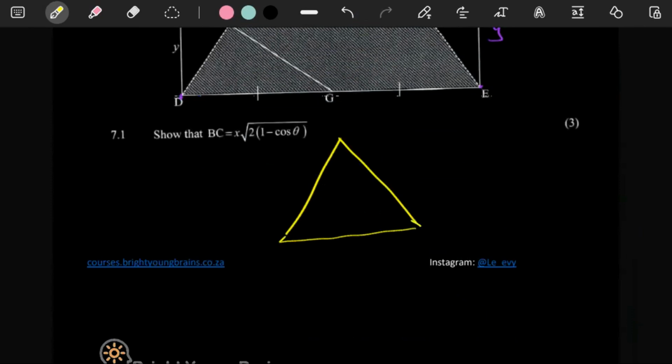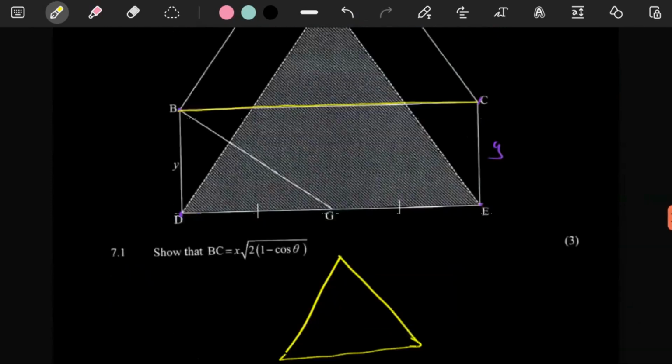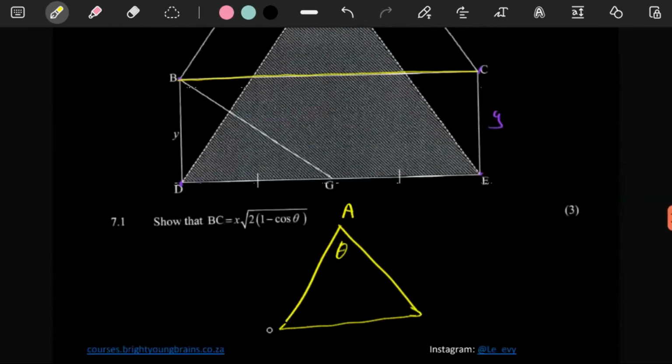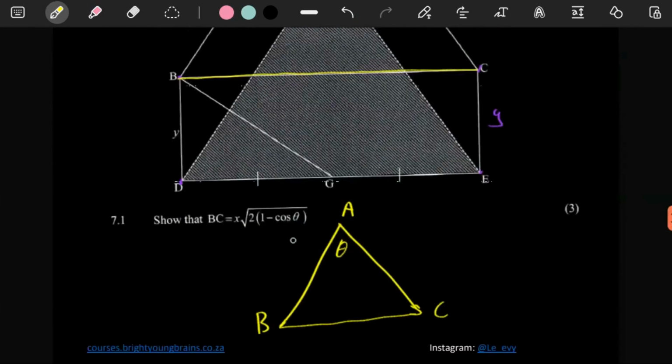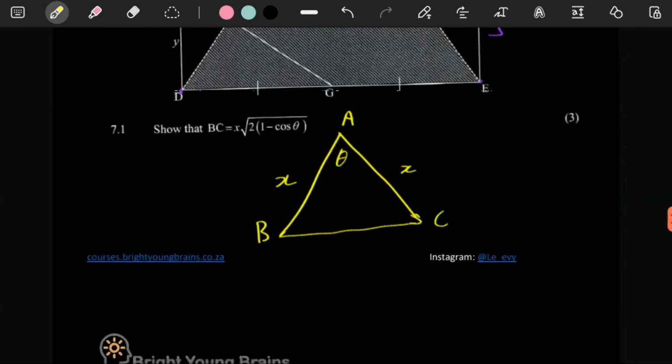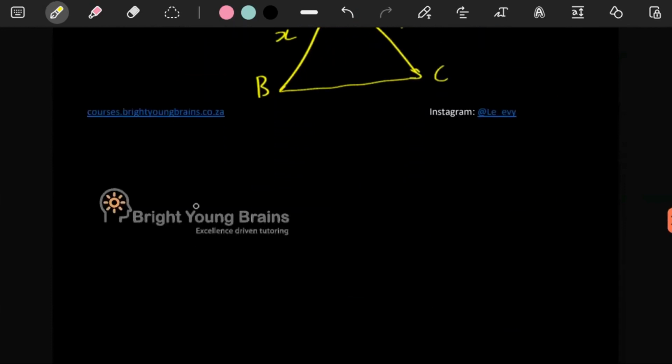There is angle theta up there, where A is. There is B here, there's C here, and there's X and X here. So this is straightforward because we're going to use the cosine rule. The cosine rule states that a side squared is equal to the other two sides squared plus each other minus 2bc cos the angle.